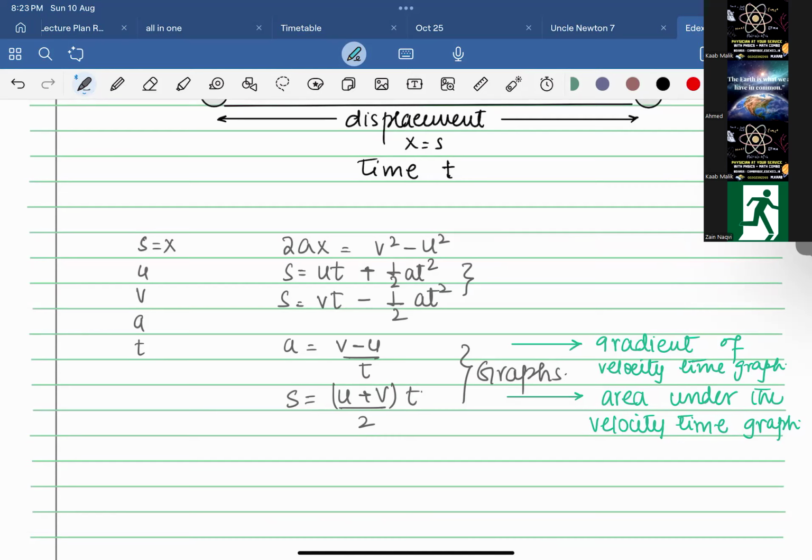These are quadratic equations in t, so mainly they will give you two different times, and you should be able to interpret what these two times tell you.